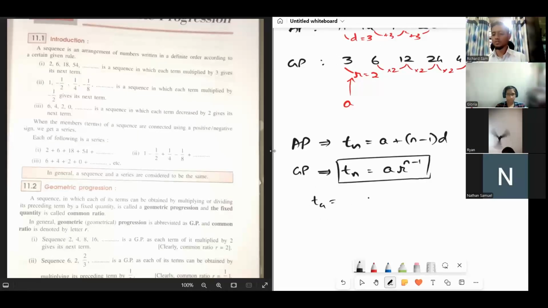A is the first term, that's 3, into R. What is R? 2, 2 raised to N minus 1. N is 4, so N minus 1 is 3. Got it? So that is 3 into 8. 3 into 8 is how much? 24. See, we got 24 as the fourth term. So we have just tried an example to find the nth term.